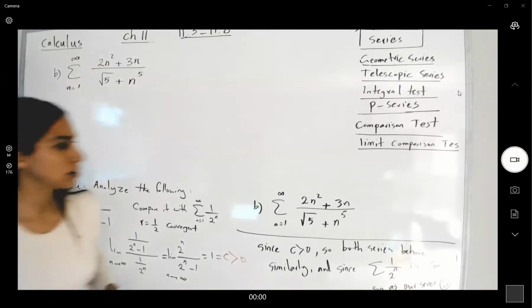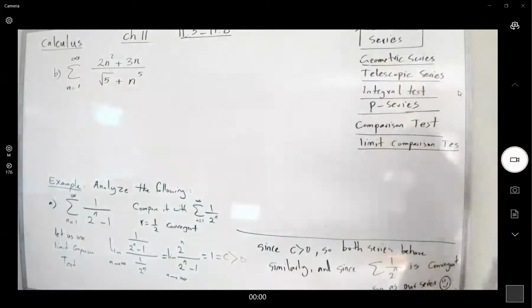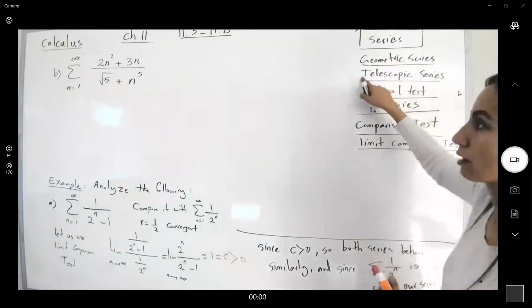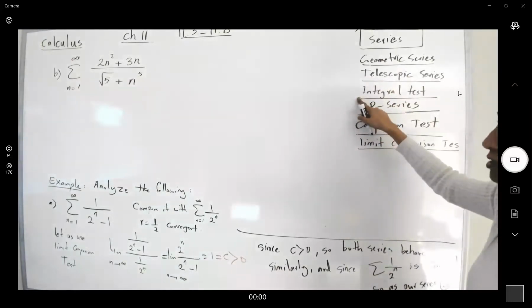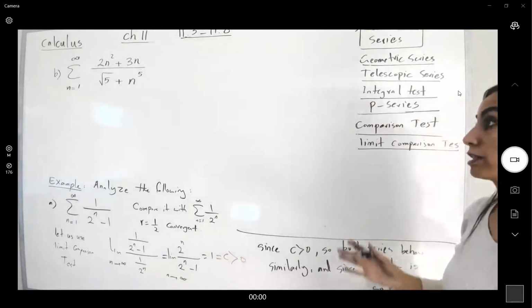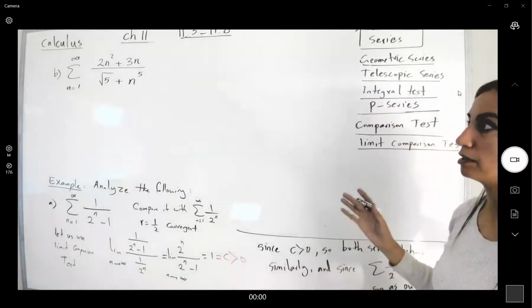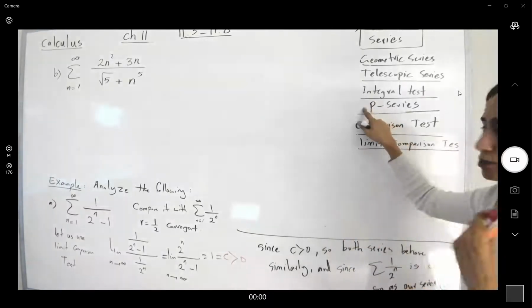Okay, so as you can see, this is not geometric, it's not telescopic, integral test. Oh my God, I have to take the derivative of this, check to see if it's negative, decreasing, and then you have to take the integral. No, thank you so much. I'd rather go to the next one.